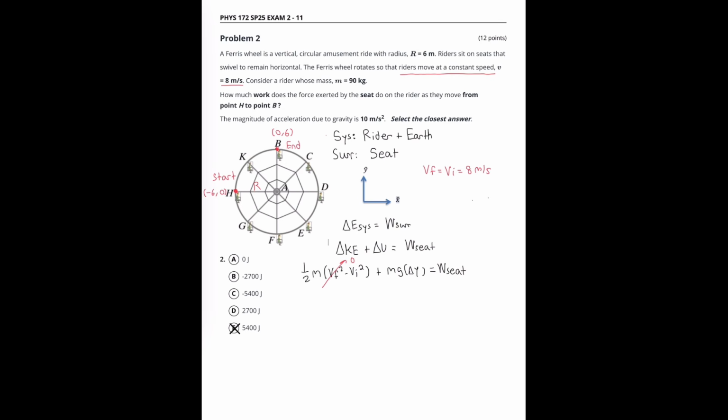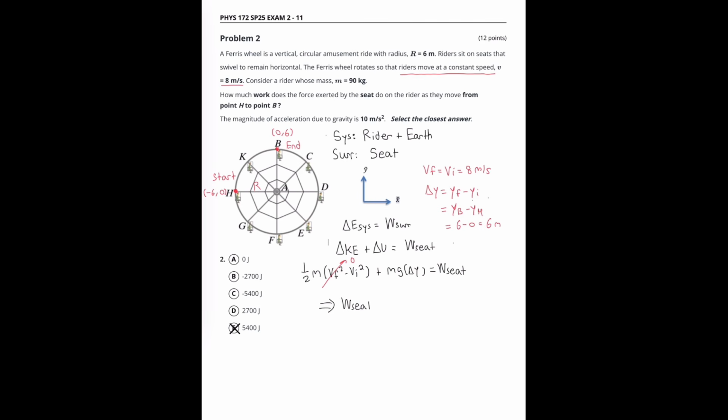So from that, we can say that delta y is equal to y final minus y initial, which is equal to y at point B minus y at point H, which is equal to 6 minus 0, which is equal to 6 meters.